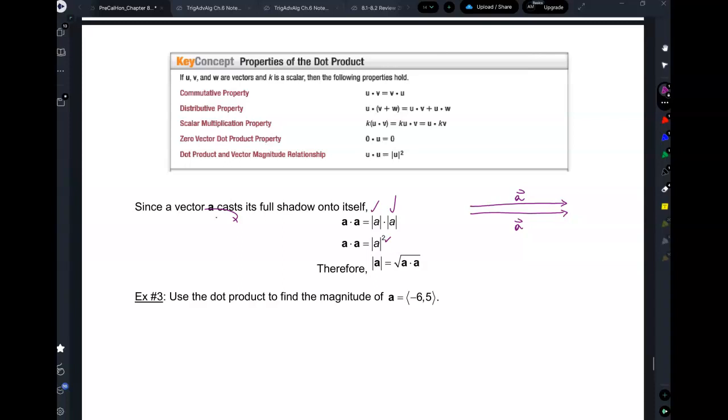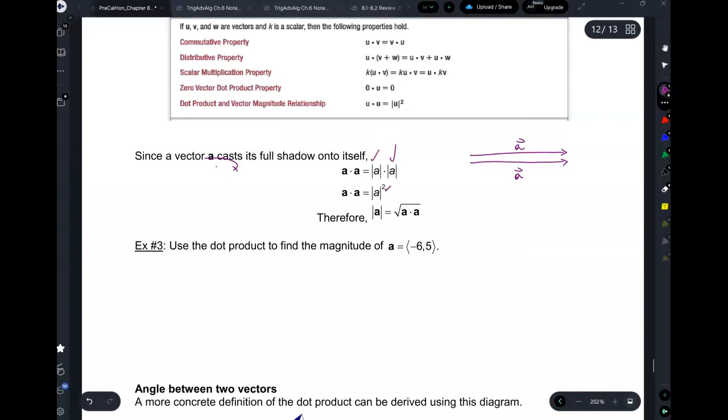So let's take a look here. This is A. Another way to find the magnitude of this is, so how were we finding magnitude before? You would do negative 6 squared plus 5 squared, and that would be root 61.